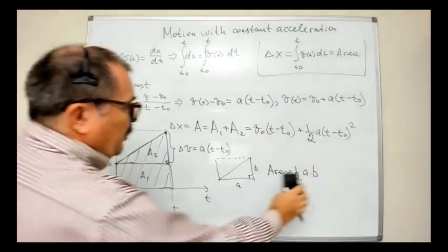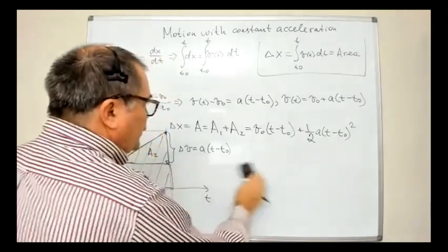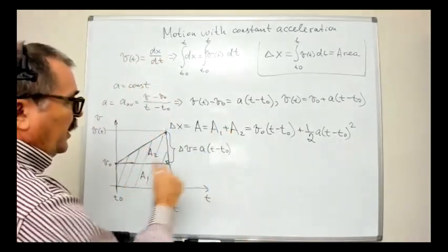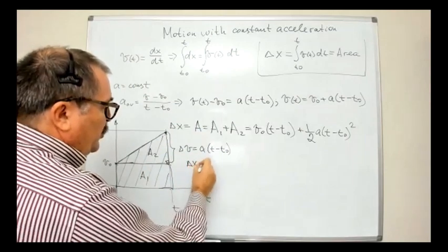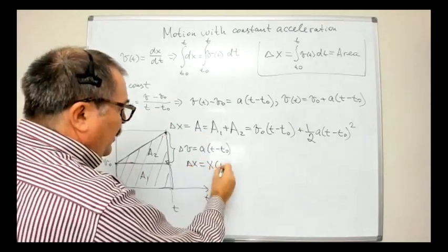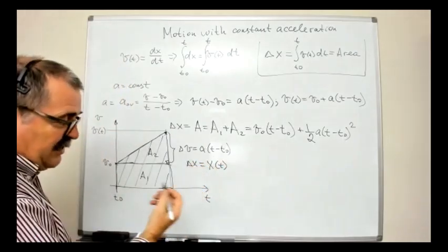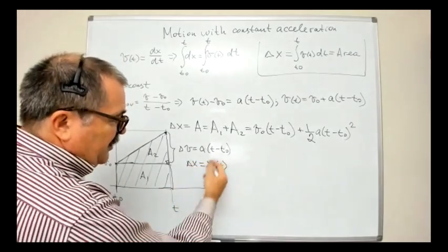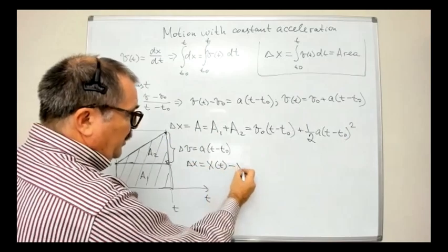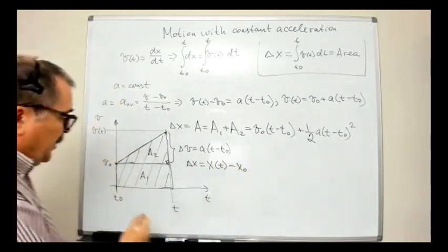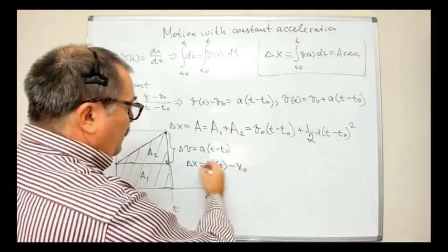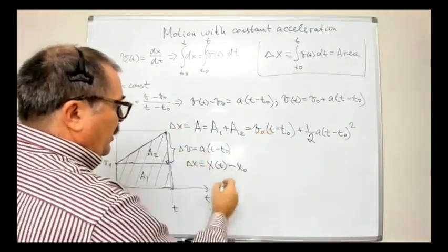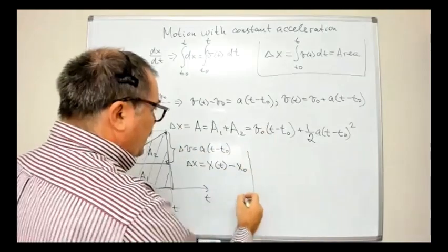Okay, so now let me finish with this formula. For delta x, I've been using that the displacement is the difference between the final position at moment t minus the position at the very beginning at moment t0, that's x0. If I use these two formulas, I can get the final result.